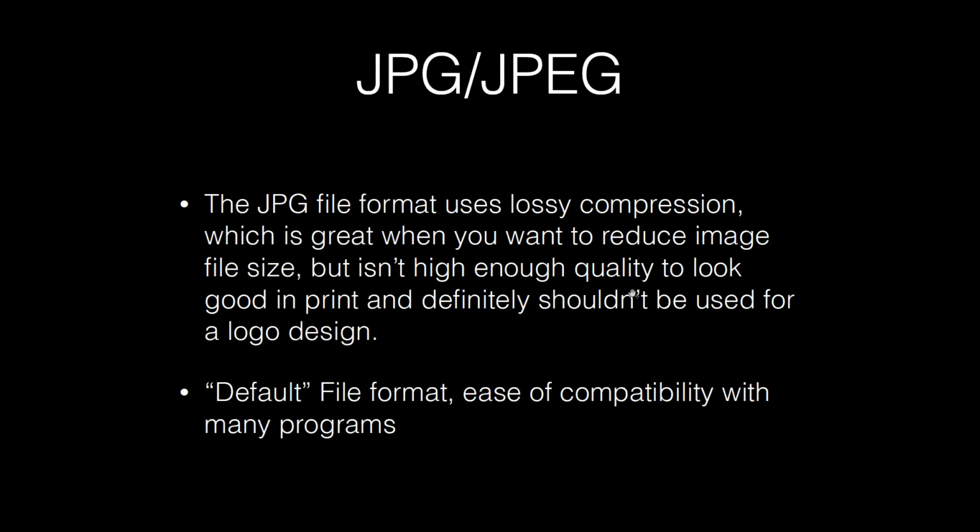JPEGs use lossy compression, so they can lose a little quality sometimes when you're not wanting it to. JPEGs are common, but if you save the same JPEG 6 times, you can ruin the file. So use JPEGs, but don't rely on them all the time.